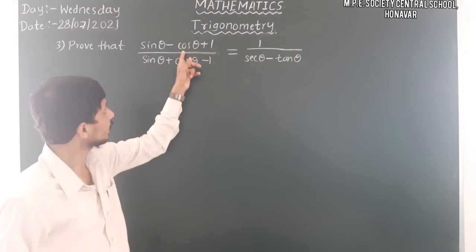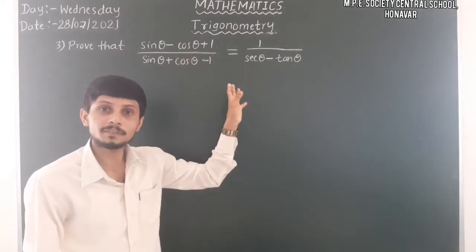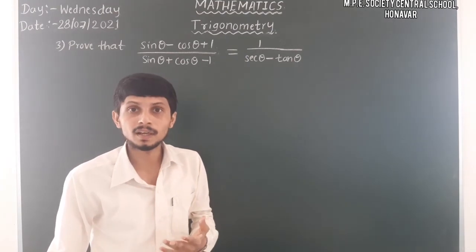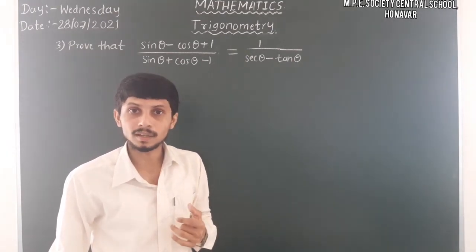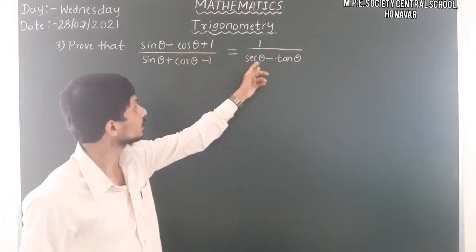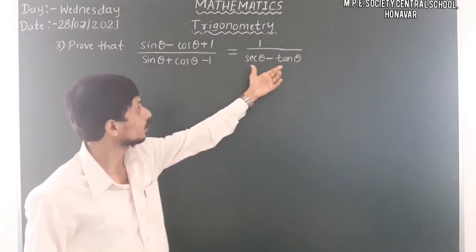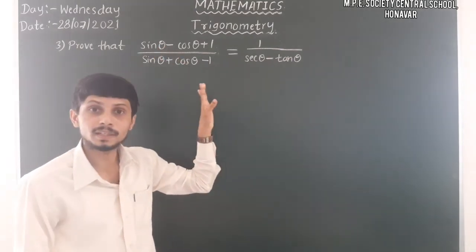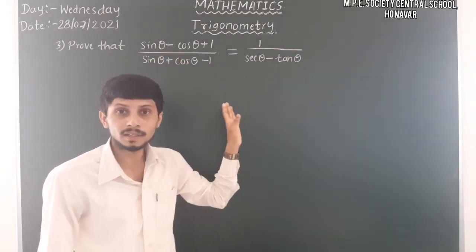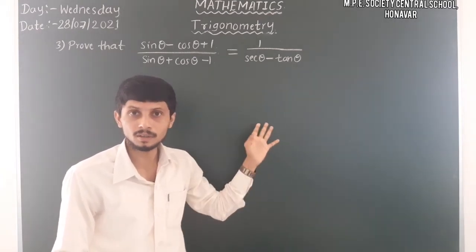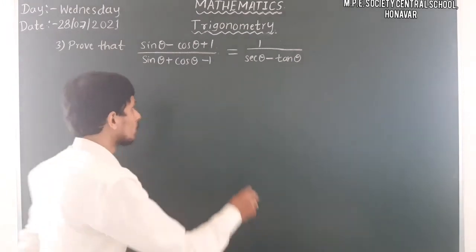Here we have numerator and denominator. Better, firstly we divide the numerator and the denominator completely by cos theta, so that cos theta and cos theta cancel, and 1 by cos theta gives us sec theta, and tan theta we get because of sin theta by cos theta. So let us divide both the numerator and denominator by cos theta.